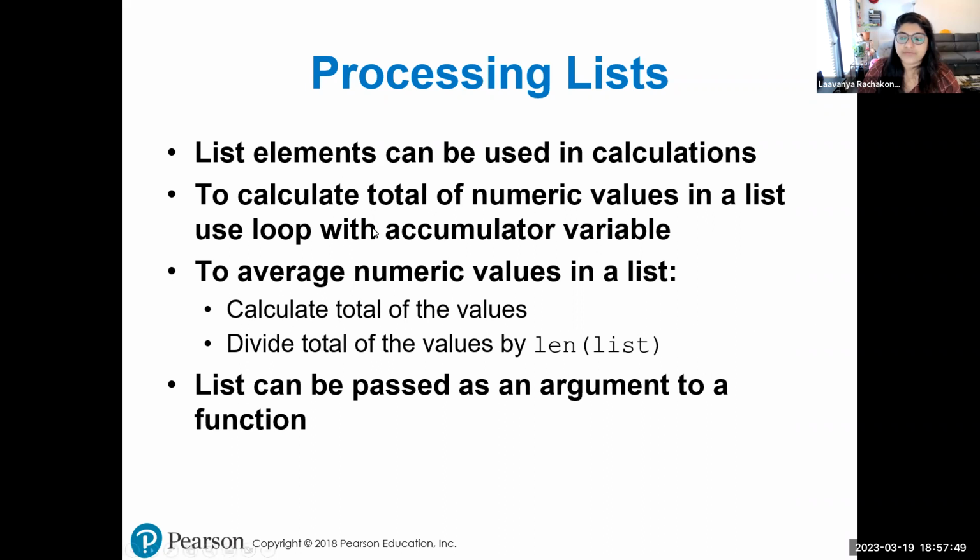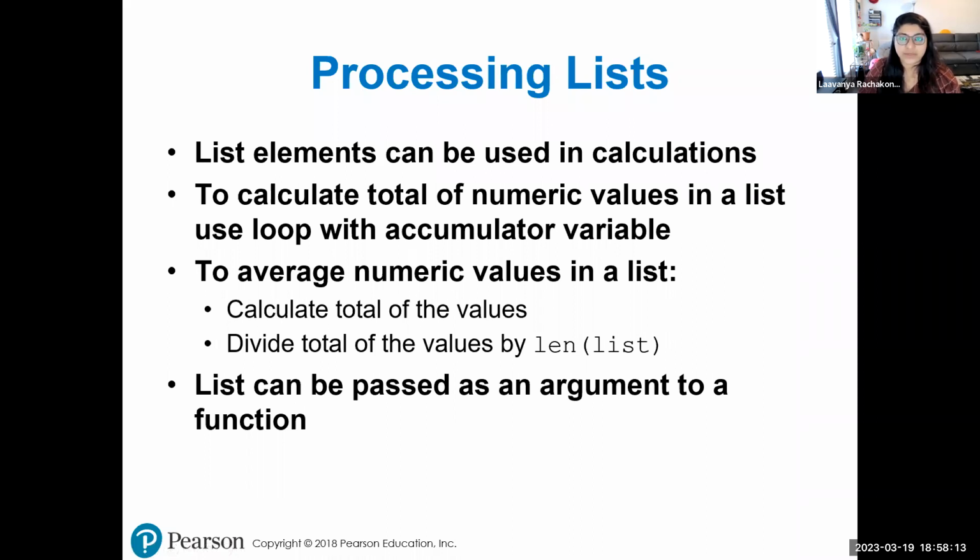Such accumulator variables are used when you are trying to calculate the average of a particular class. Let's say you have a list of all the student grades, like scores, and you want to calculate the average of all the scores. In that case, you can just use an accumulator variable to calculate the running total of all the elements in your list, and then divide that by the total number of elements in the list.